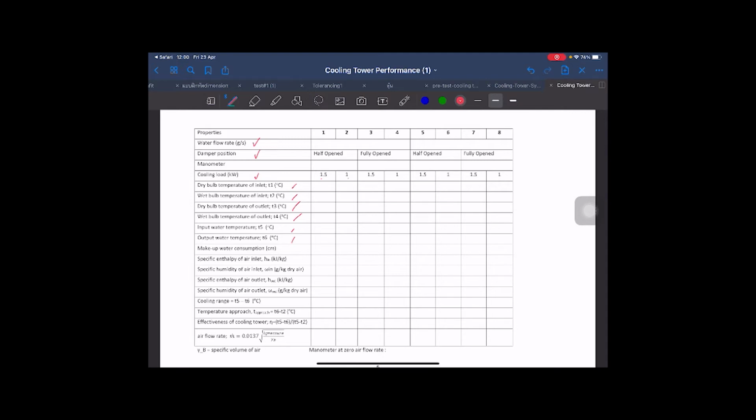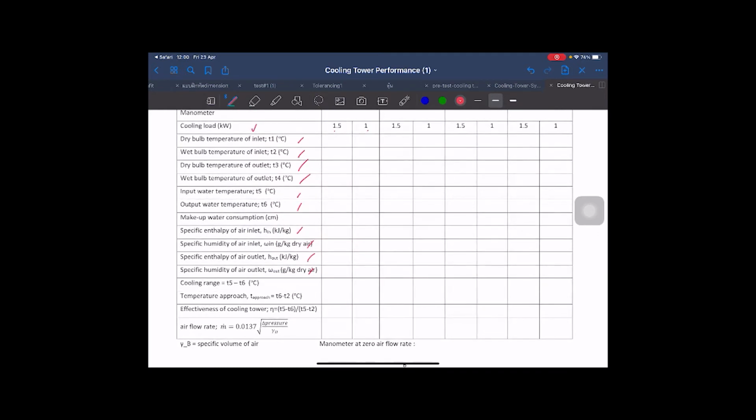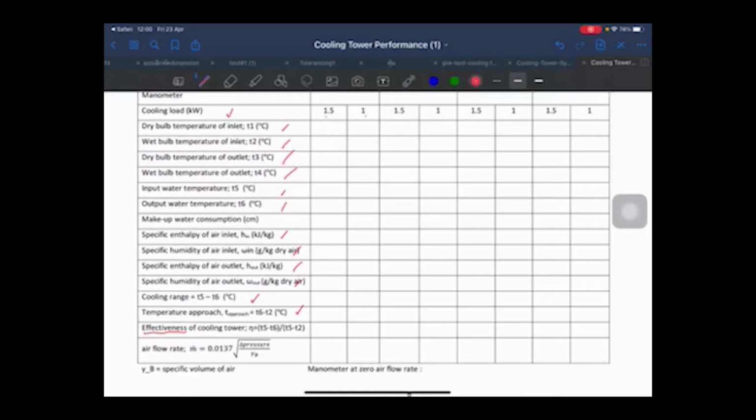Okay, for the specific enthalpy and humidity of the air inlet and air outlet, you have to find them from the psychrometric chart. And then in the table of the data sheet, you have to calculate the cooling range, approach temperature, and calculate the efficiency of the cooling tower.